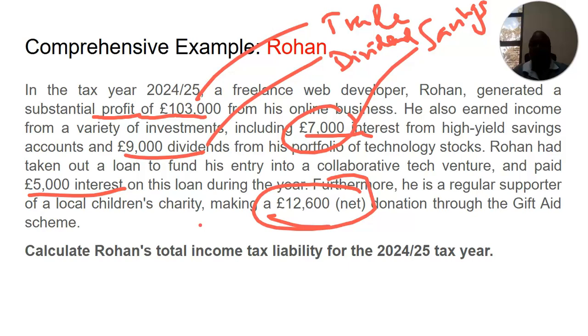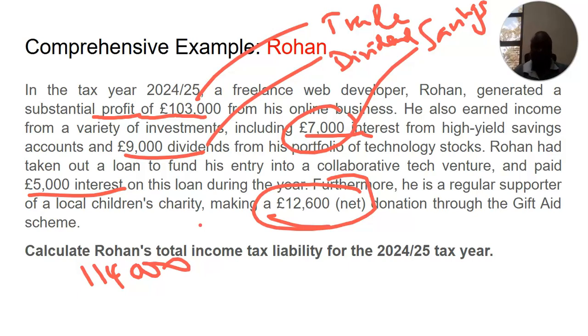All right. So we know that the total income, according to our computation, has been 114,000, which means our personal allowance was affected. Instead of enjoying the full personal allowance, we are going to enjoy a reduced allowance.